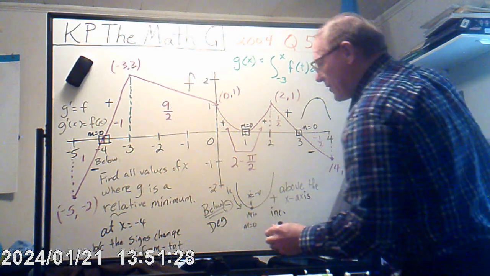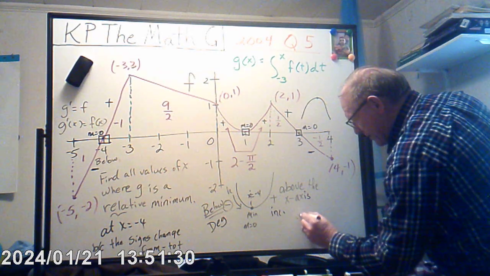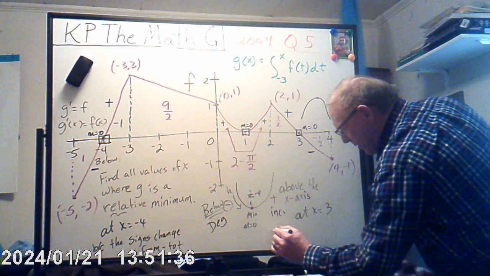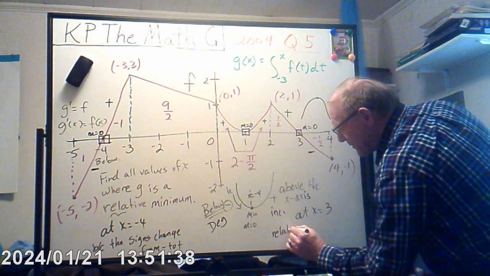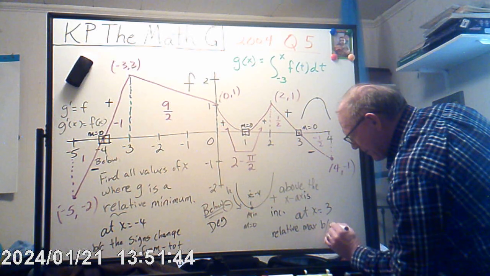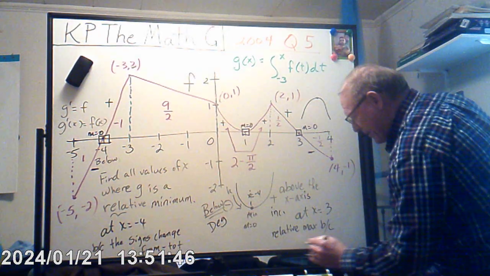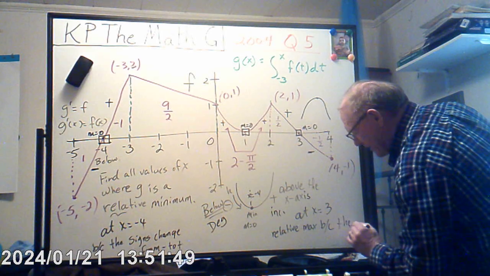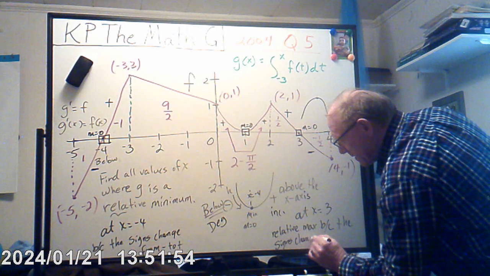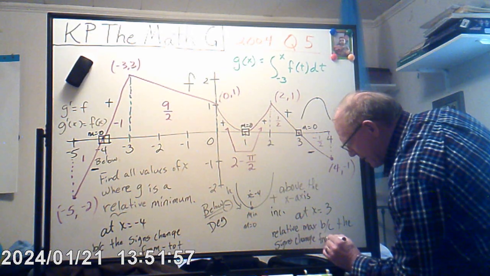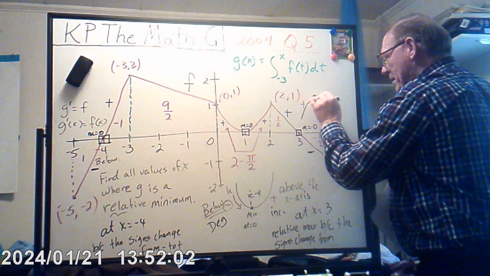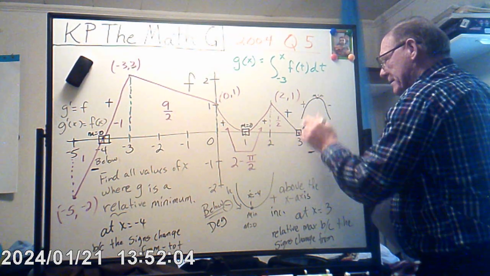Let's see. At x equals 3, we have a relative maximum because the signs change from positive, here the slope m is 0, to negative.